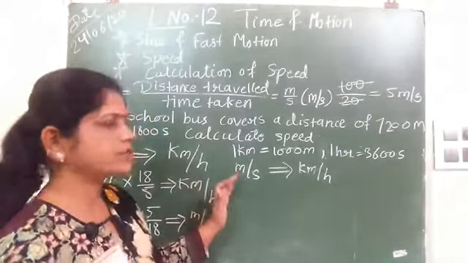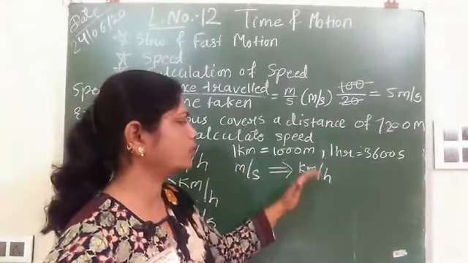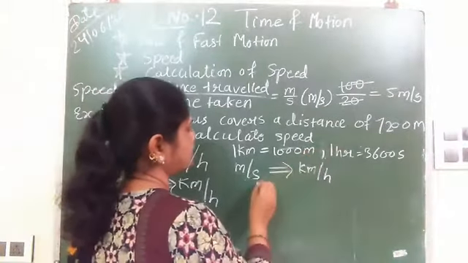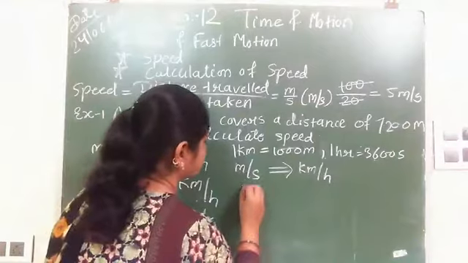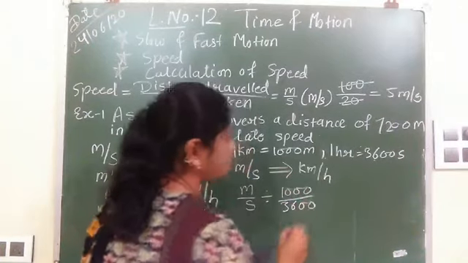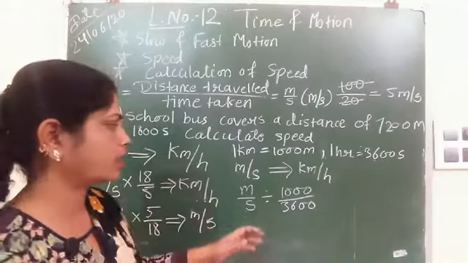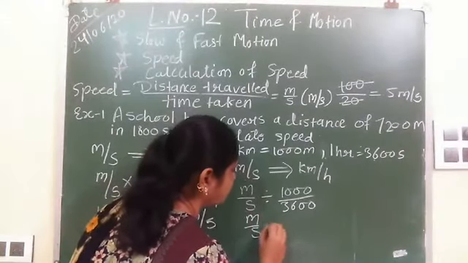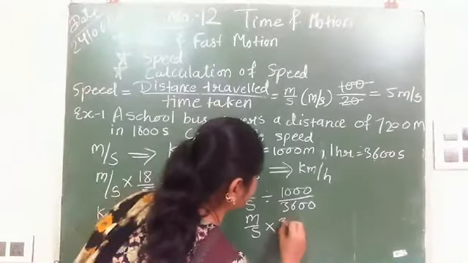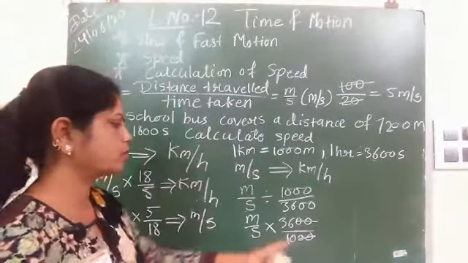If you want to convert the speed which is given in meter per second into kilometer per hour, then meter should be divided by 1000 and seconds should be divided by 3600. Understood? Okay, if we want to solve this, what do we have to do? We have to convert the division sign into a multiplication sign, and to do that we have to invert this whole term, take the reciprocal. Okay, 2 zeros are cancelled.